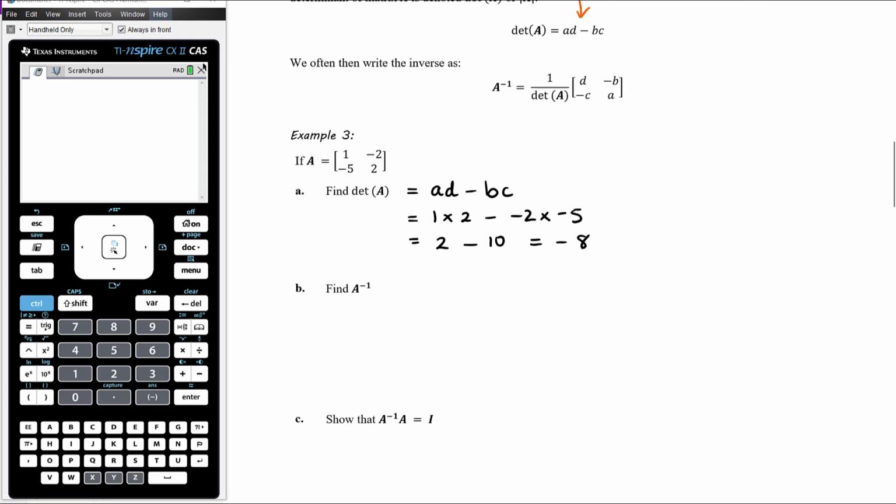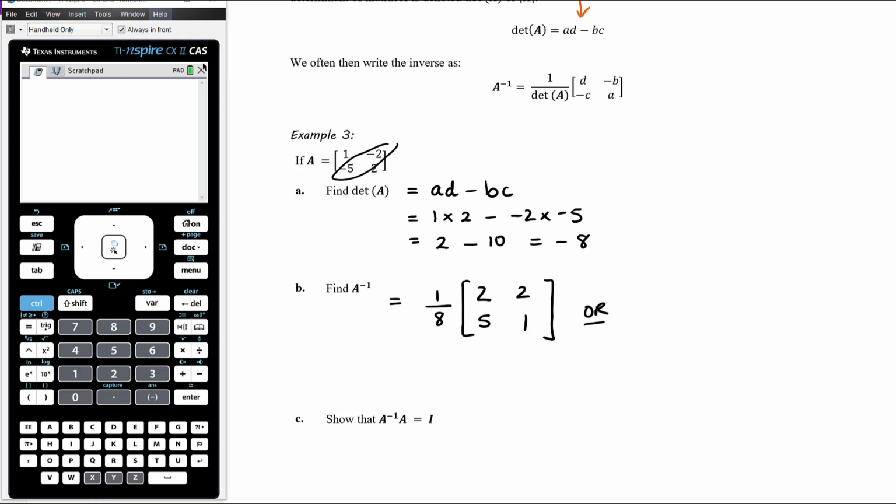The inverse of A is 1 over the determinant, so 1 over -8. And then we rearrange the matrix by switching the numbers in the leading diagonal. So we're switching the 1 and the 2, so it becomes 2 and then 1. And then we leave the numbers in the other diagonal, but we multiply them both by -1. So they're going to become +5 and +2. And so that would be the inverse of A.